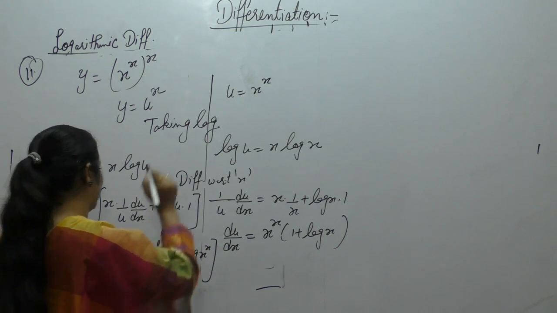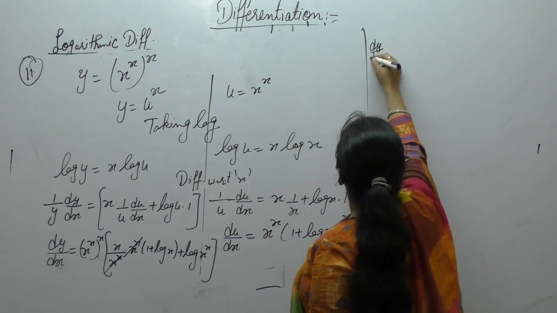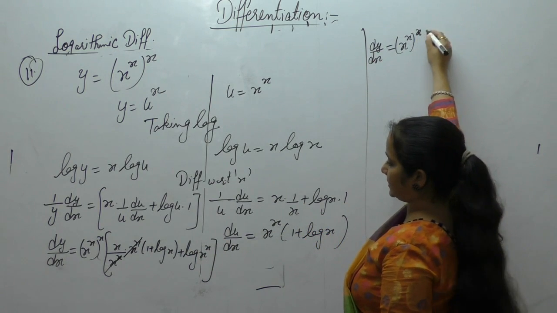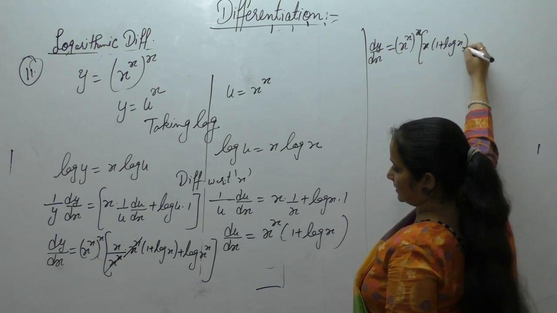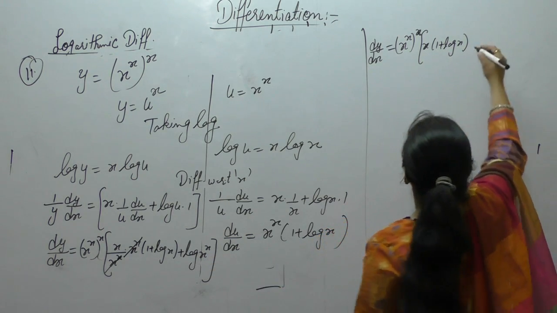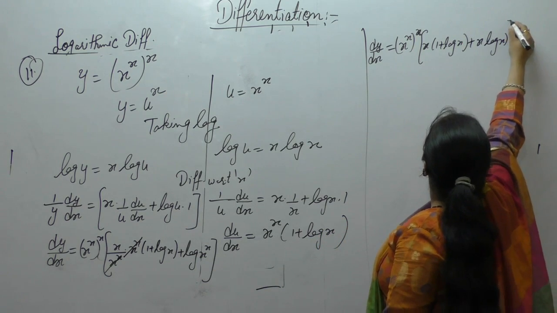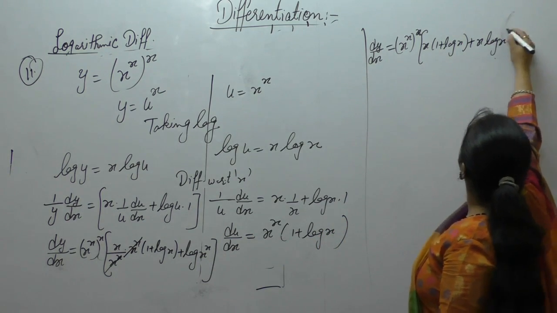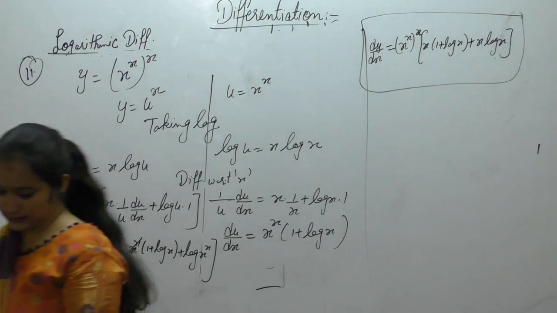So this x power x will get cancelled. So we get dy by dx, x power x into x into 1 plus log of x. We can write it as x log x also. So this is the value of dy upon dx.